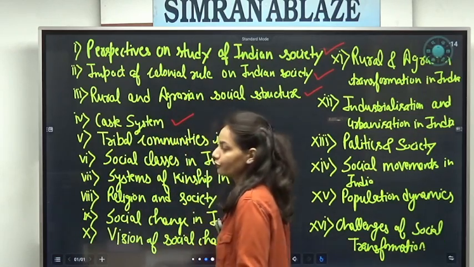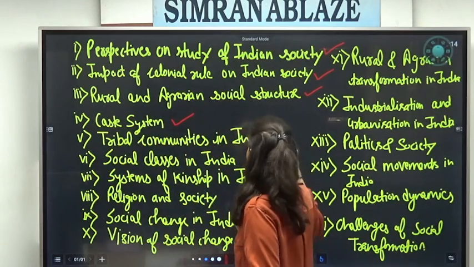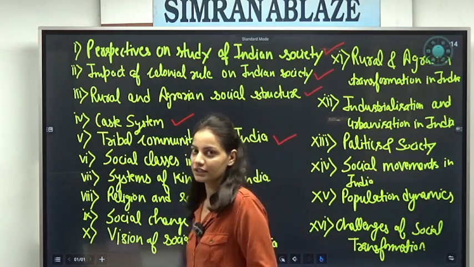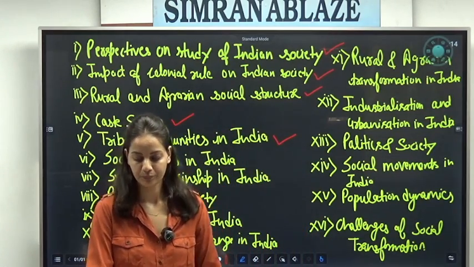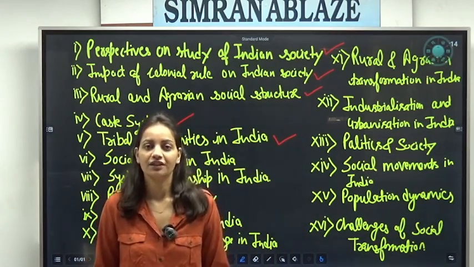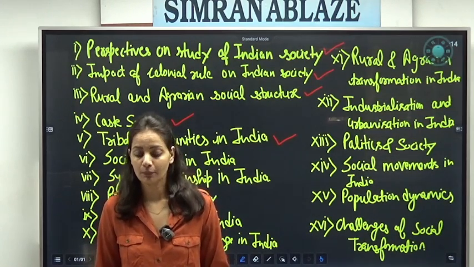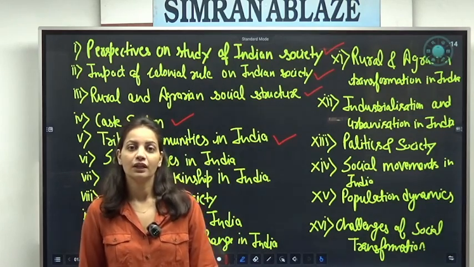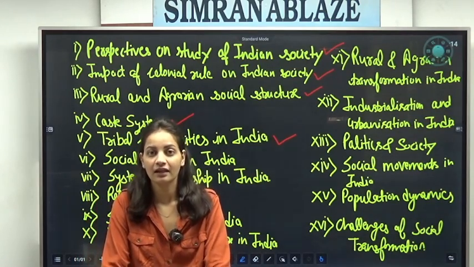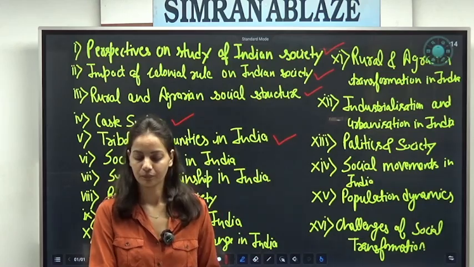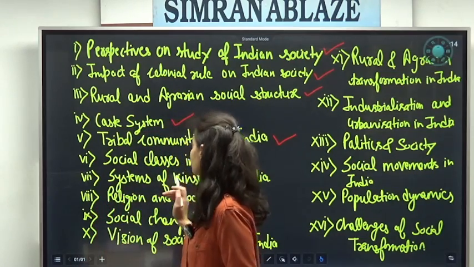So this is our fourth unit. In our fifth unit, we study the tribal communities in India. Here we study their definitional problems, their geographical spread, different colonial policies, and their issues of integration and assimilation. So this is our fifth unit.